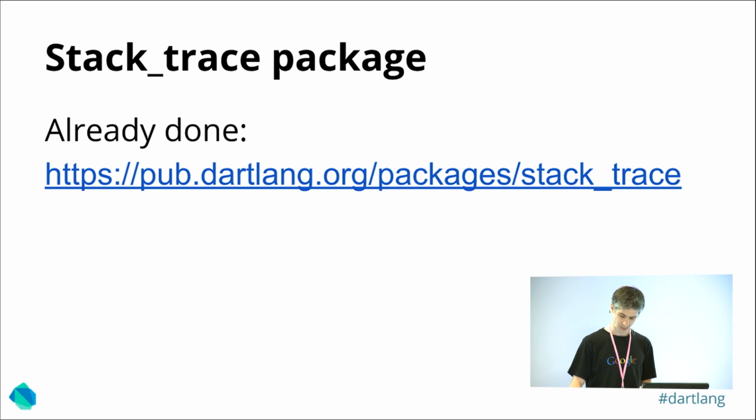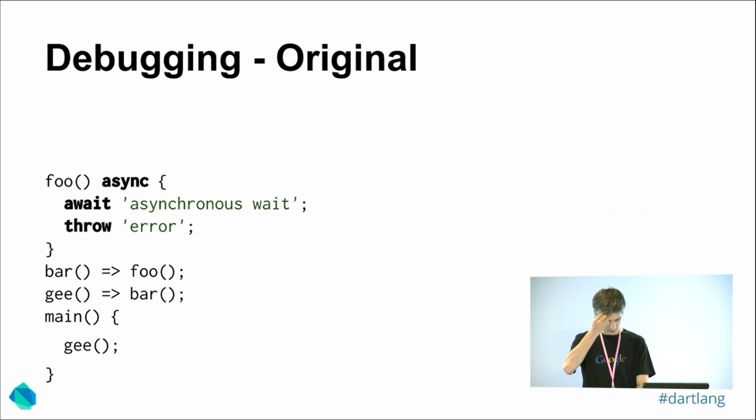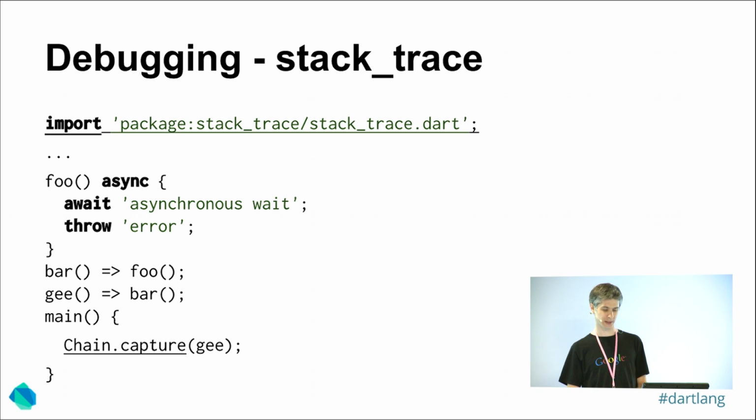The way this works is, if you go back to the original program that I had before, nothing has changed so far, it's just shifted a little bit down. The only thing you need to do to get an asynchronous stack trace is import the stack trace package, and call chain.capture on the function call where you want the asynchronous stack trace.